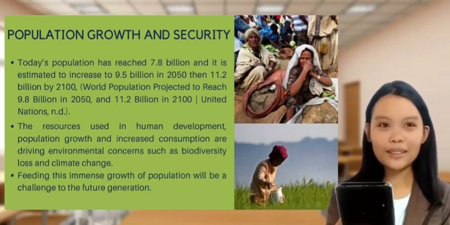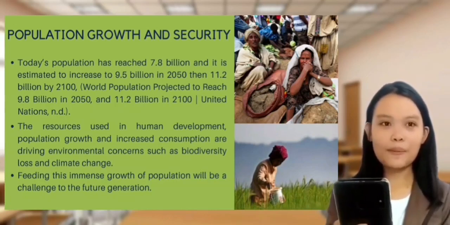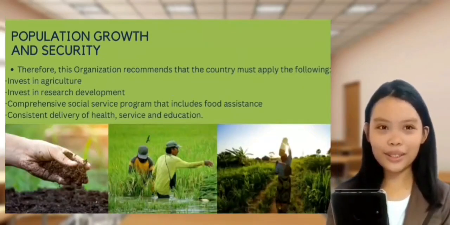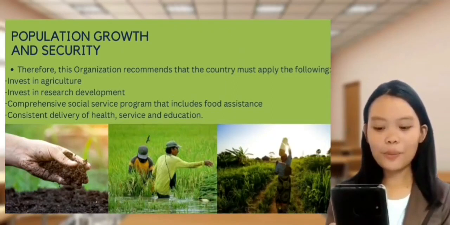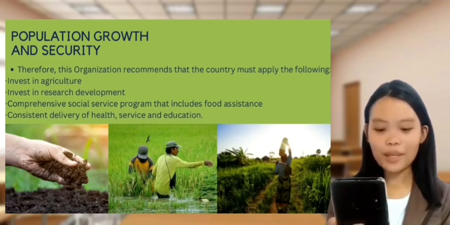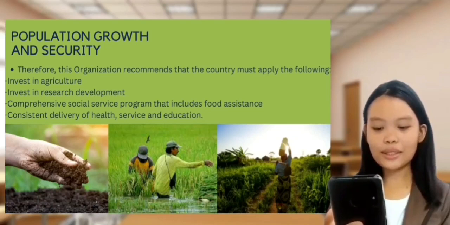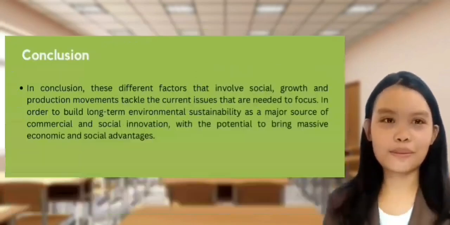Therefore, this organization recommends that countries invest in agriculture, invest in research and development, and build a comprehensive social service program that includes food assistance, consistent delivery of health services and education.